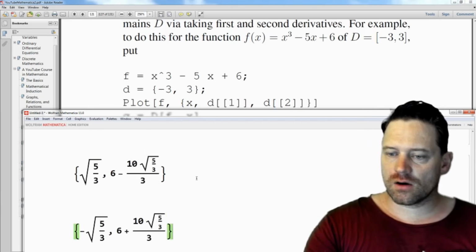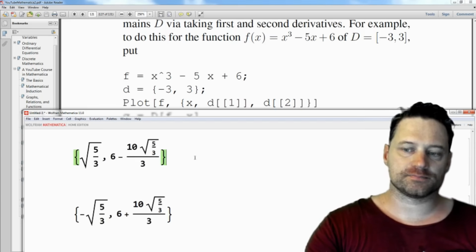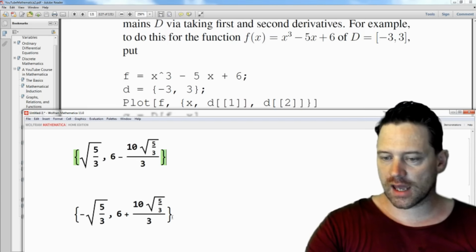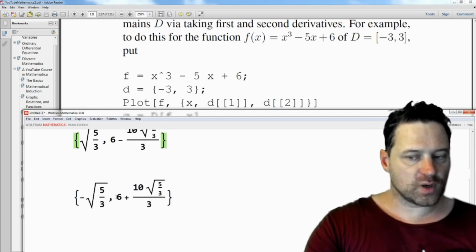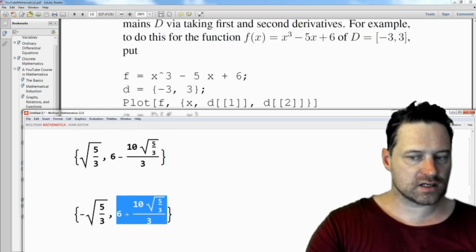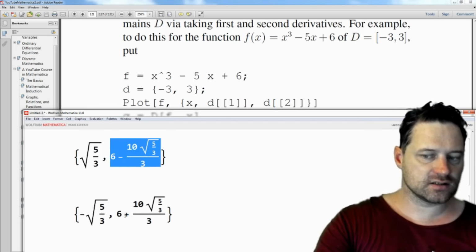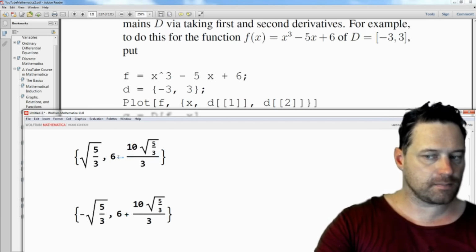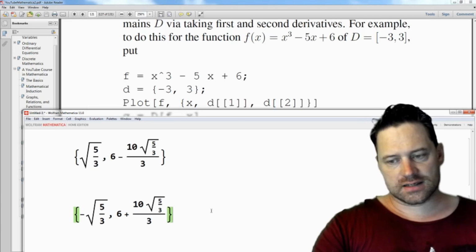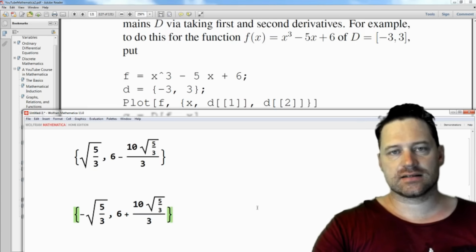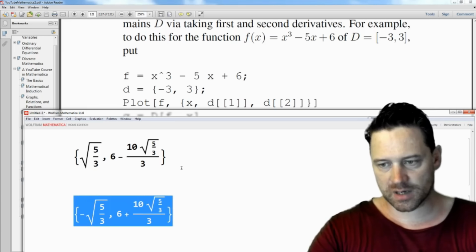Okay, alrighty, so now that we've got these, we can see that this point here is higher than this one because of that plus, right? The difference between these two is there's a plus there, there's a minus there. So this one's got to be higher.